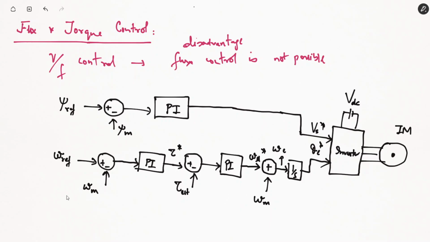Fine. So these measured values, omega m and psi m, the measured value of speed and the measured value of flux, we'll use sensors for these purposes.